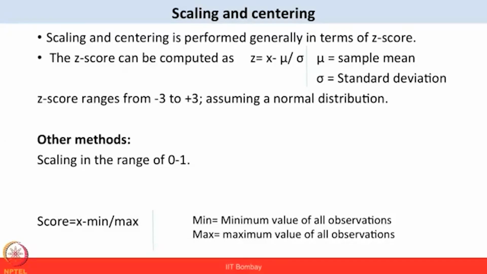So what are the other methods available for scaling and centering? In z-score, we assume that your data distribution is a completely normal or Gaussian distribution, but that is not always the case. In real-life examples, the distribution may not be perfectly normal, and in that case, assuming a normal distribution is not the right way to go.